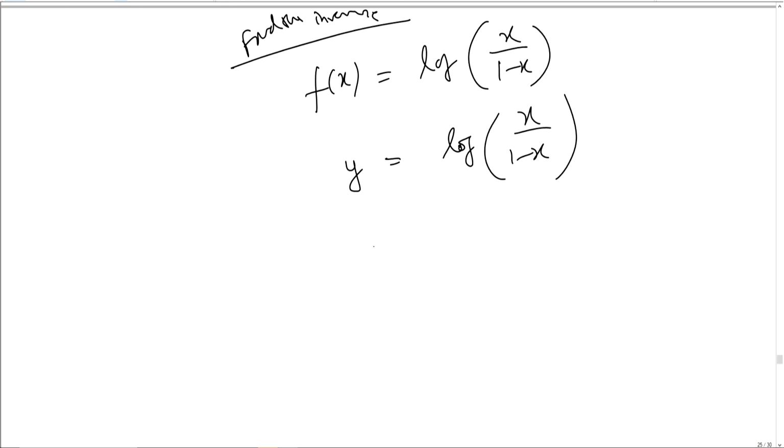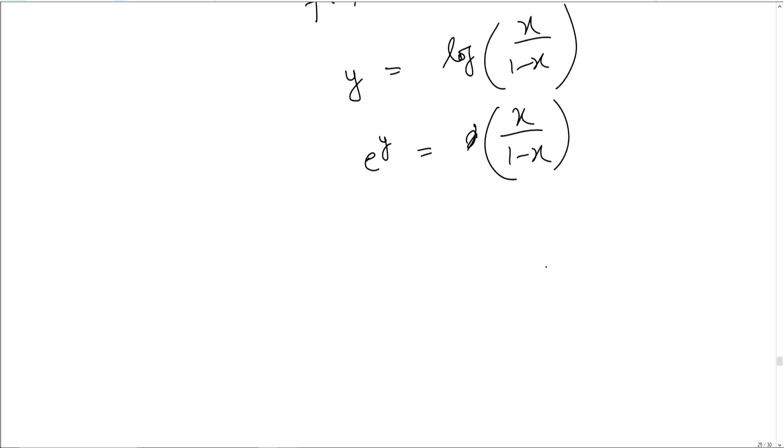So, if I take the exponent on both sides, this would become e to the power y equals x divided by 1 minus x, right. Now, I can rewrite this. How? I just need to reduce these terms into a single term of x. So, let us say I divide both numerator and denominator by x. So, in the numerator it would be 1, here it would be 1 by x minus 1.